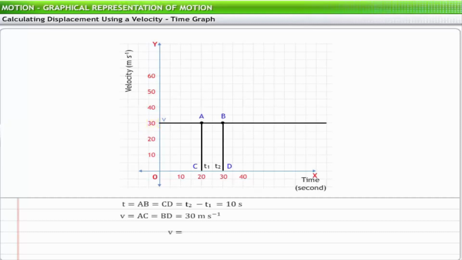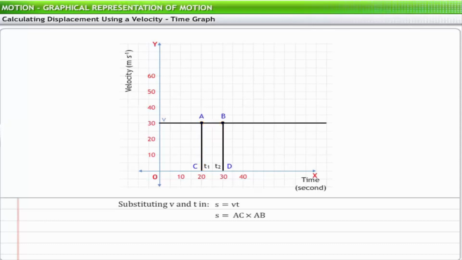By definition, the velocity of an object is the ratio of displacement to time. Therefore, we can say that displacement is the product of velocity and time taken. Substituting v and t in the expression S = vt, we get S = AC multiplied by AB.